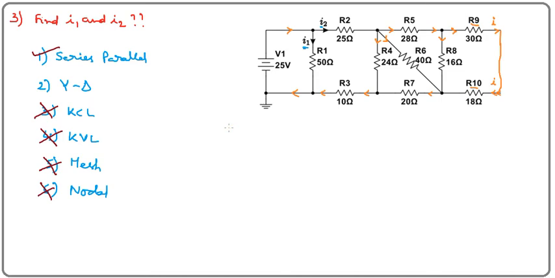Now let me write R equivalent 1 is equal to 30 plus 18, which is equal to 48 ohm.